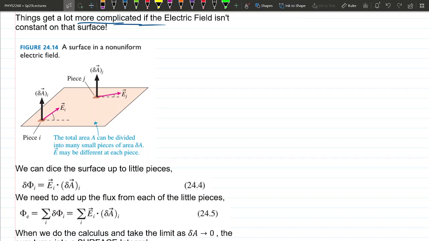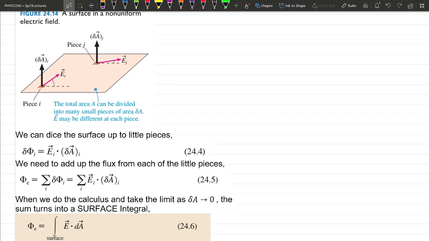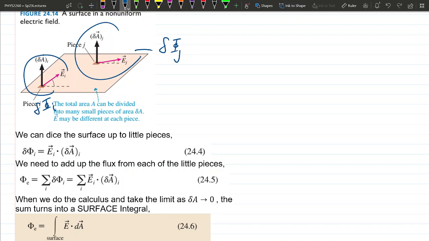So in those cases, what do we do? As you can see, in a lot of cases, electric field depends on radius, on the coordinates, on the direction. So in this case, we have to go back to our calculus trick, where what we want to do is calculate the electric flux on this little tiny bit, delta phi i, and then a little bit of electric flux, delta phi j.